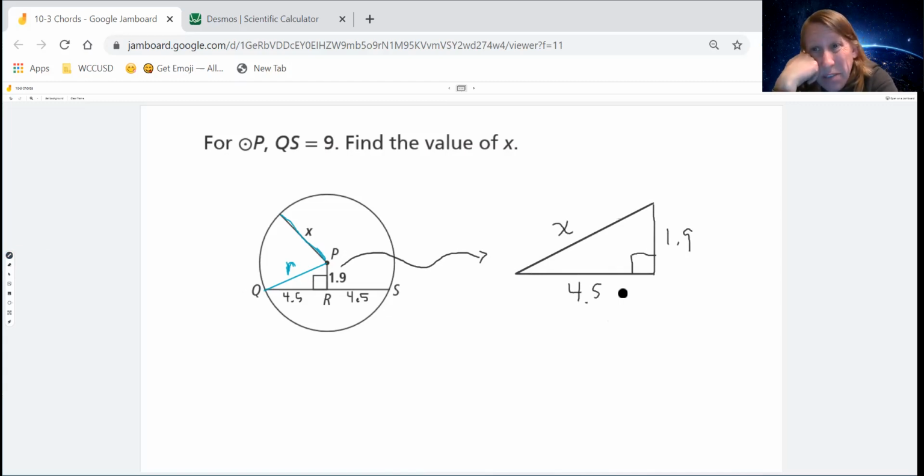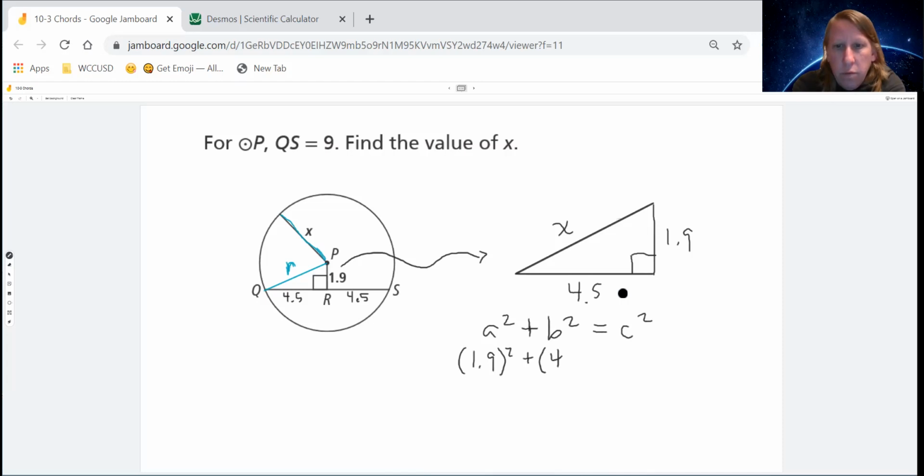X and R are the same because they're both radii. Okay, and then, hey, look, it's a right triangle theorem. A squared plus B squared equals C squared. Okay, I'm going to do 1.9 squared and 4.5 squared. That will be whatever my answer is, squared. I'm going to square root both sides, and I'm not going to mess around with this stuff on calc.